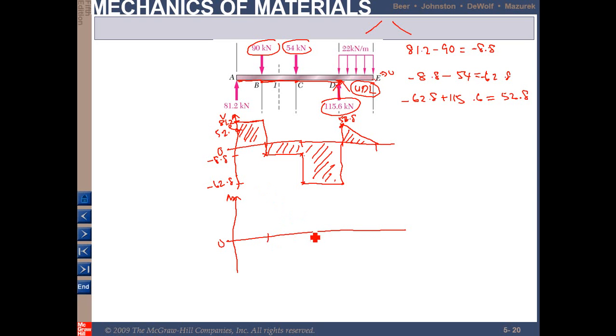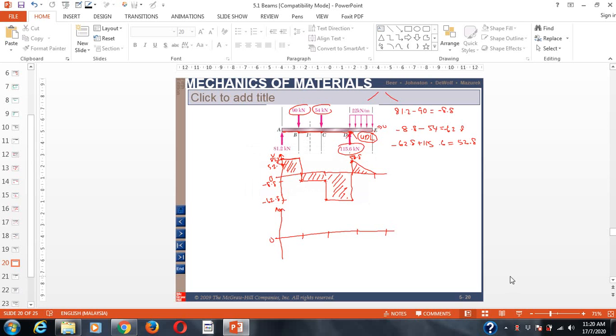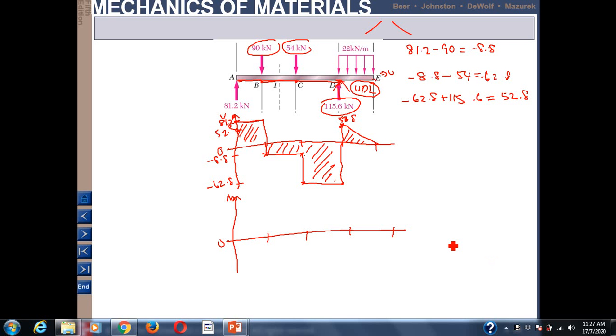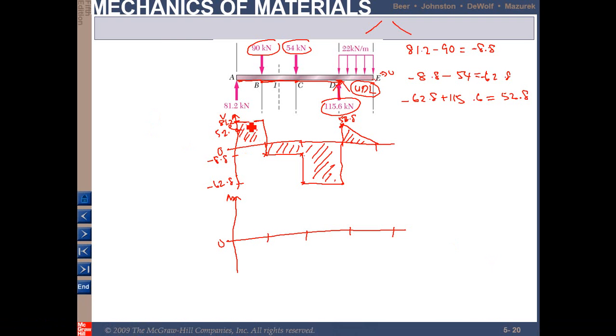So this is point B, point C, point D, and point E. For the bending moment diagram, we can construct by calculating the area under the graph for each of these sections, from A to B, B to C, C to D, and D to E, and this value is actually the value of the bending moment.